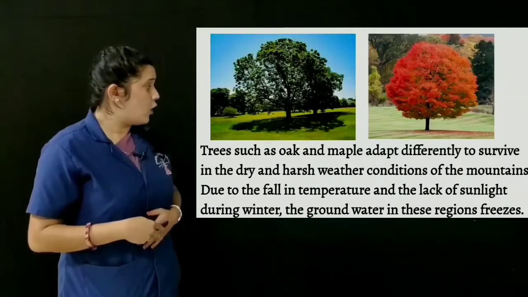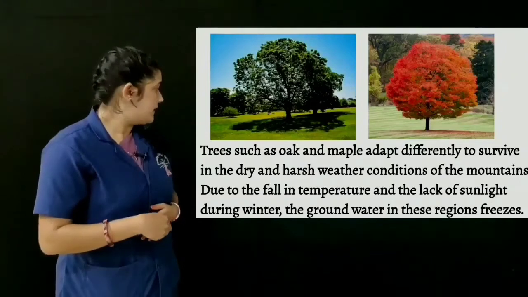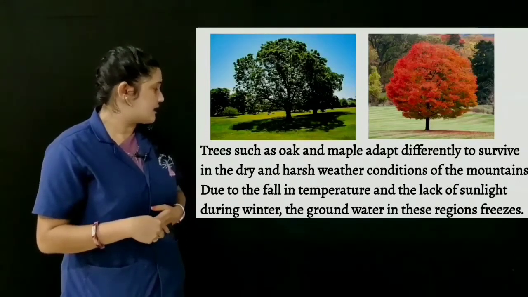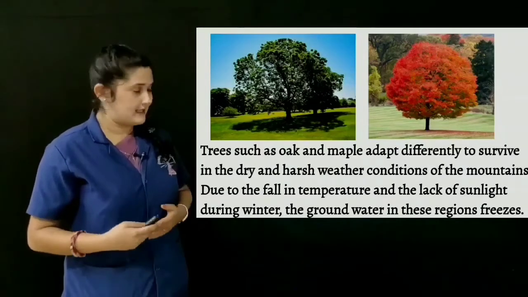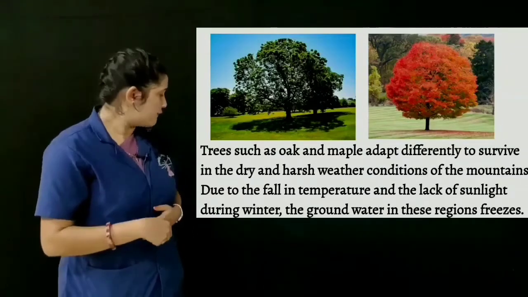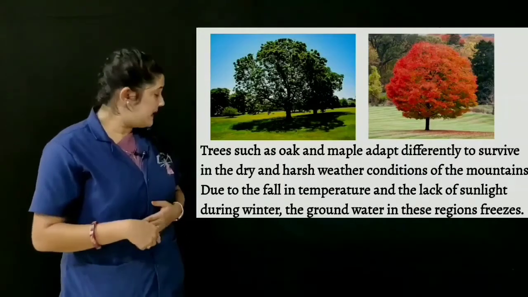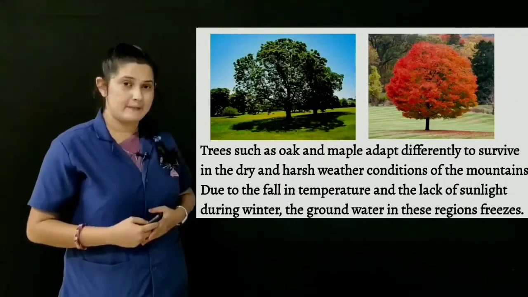Trees such as oak and maple adapt differently to survive in the dry and harsh weather conditions of the mountains. Due to fall in temperature and lack of sunlight during winter, the groundwater in these regions freezes.